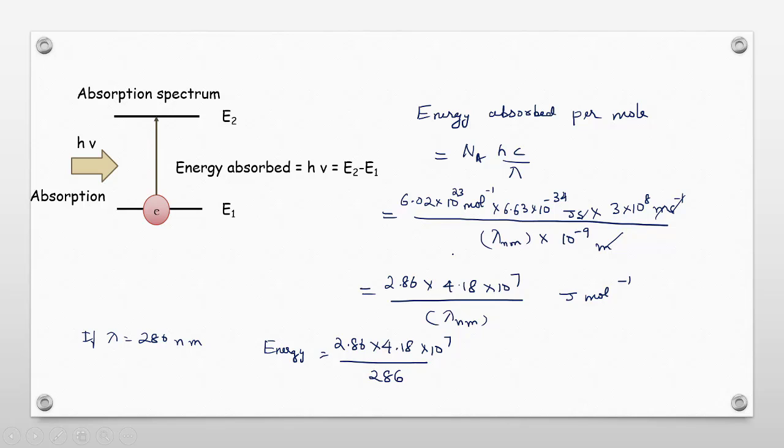You just have to substitute the value 286, since we have already taken into account the 10 raised to minus 9 factor during derivation of this expression. This many joules per mole is equal to 4.18 into 10 raised to 5 joules per mole. And this is nothing but 100 kilocalories per mole.